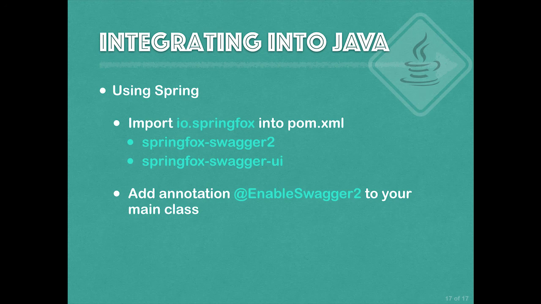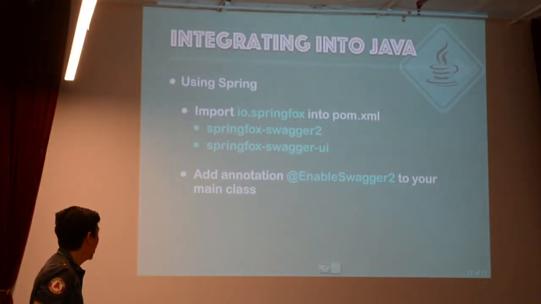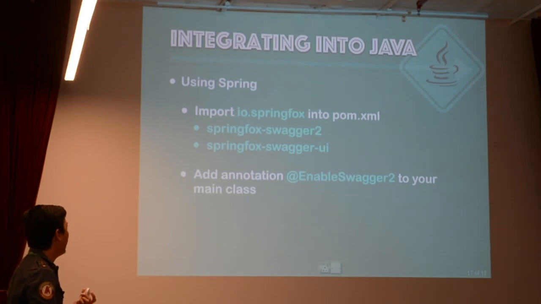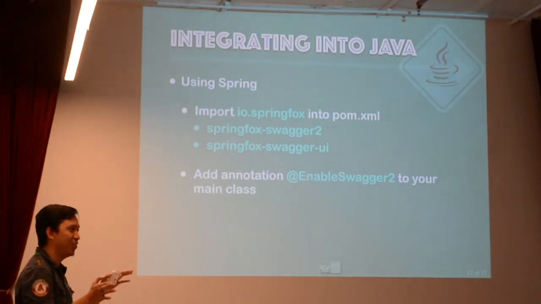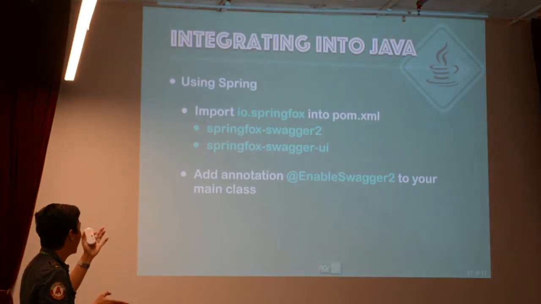But for Spring, you can just import these libraries into your POM XML. We have SpringFox Swagger 2 and SpringFox Swagger UI, and then add the annotation at enable Swagger to your main class. Okay, so yeah. The next time you want to create your applications and then want to document it, specifically REST API, you can try Swagger.